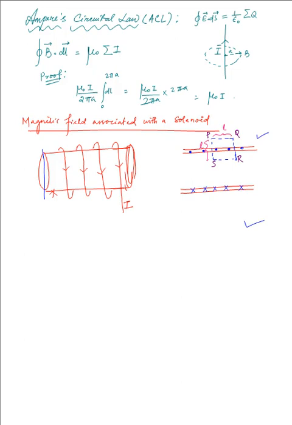So what we do is we consider each single segment. The net magnetic field intensity, the integral of B dot dl over that entire Amperian loop, is going to give us mu naught times the total current that is enclosed by the loop. Now what is the total current enclosed by the loop?